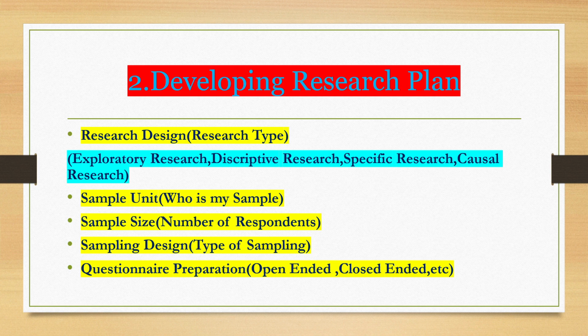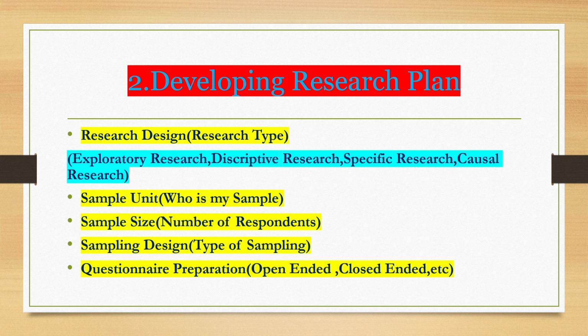Then we find out the sample size. By that I mean to say the number of respondents, how many samples I have to interview, so that we get a good unbiased result and findings. Then sampling design.